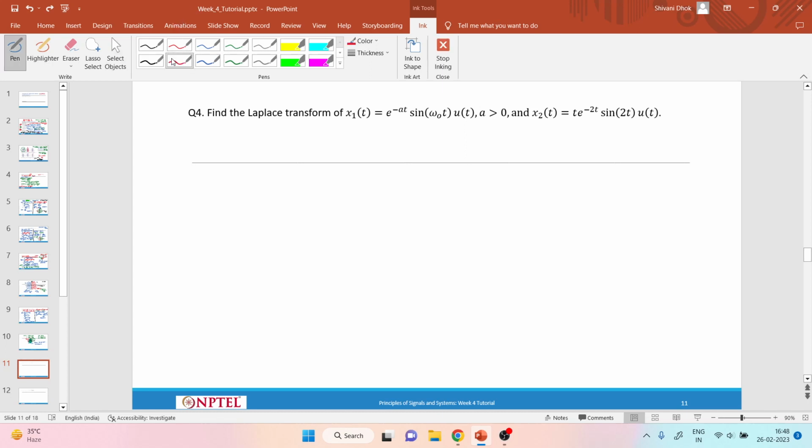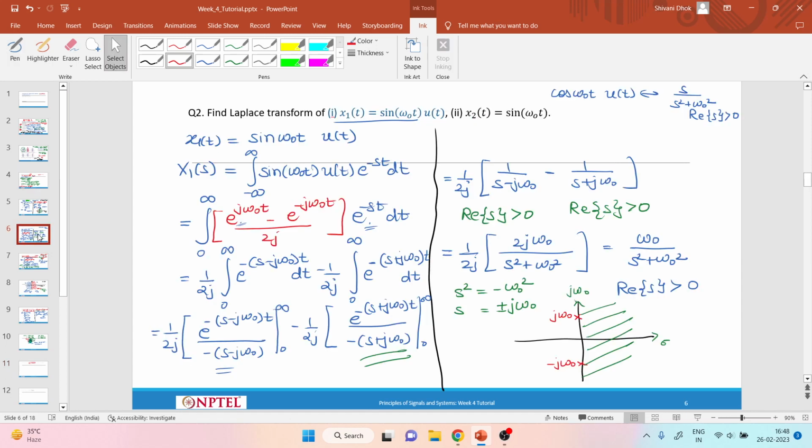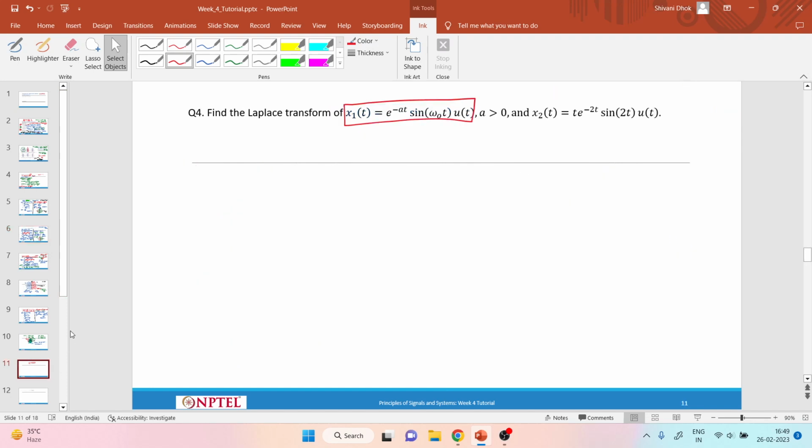Now here, what are we having? We are having this signal x1(t). This x1(t) is given as e^(-at) sin(omega naught t) u(t). In, I think, the second question, first part, we have found the Laplace transform of sin(omega naught t) u(t), which is something like this, so I'll just write it.